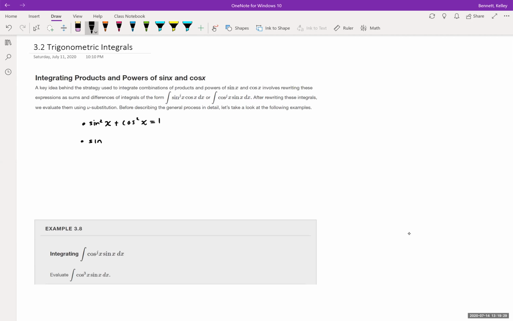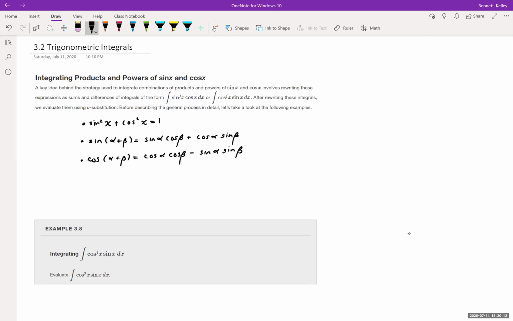If I wanted to take sine of two angles, say alpha plus beta, then it'd be sine alpha cosine beta plus cosine alpha sine beta. And if I wanted to take cosine of alpha plus beta, it's cosine alpha cosine beta minus sine alpha sine beta.